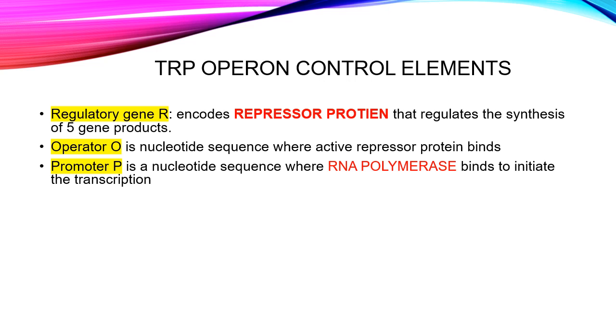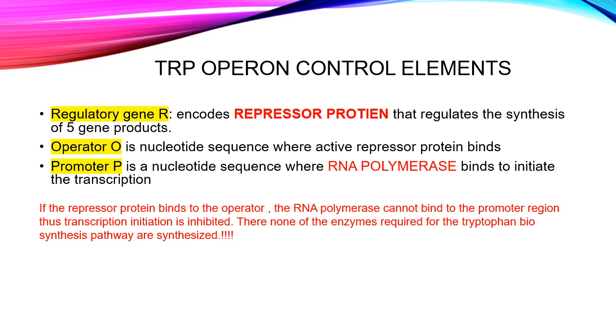So in the promoter region, the RNA polymerase comes and binds. Then you have an operator region. The operator region is also a nucleotide sequence. It is not a gene, it is a sequence where the repressor protein comes and binds. The repressor protein is synthesized by the regulatory gene. And where does it bind? It binds in the operator region.